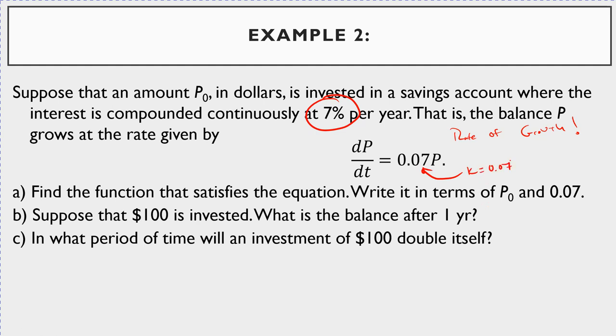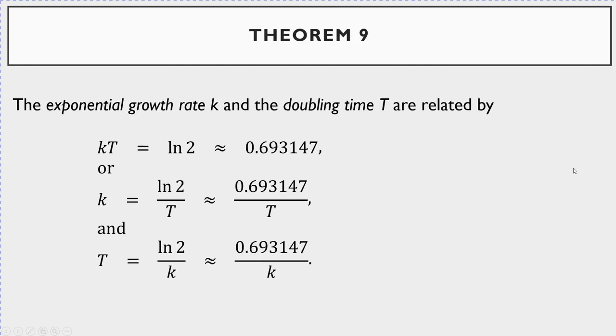Here's what we want to do: find a function that satisfies the equation in terms of P sub 0 and 0.07. Suppose $100 is invested. What is the balance after 1 year? And in what period of time will an investment of $100 double? So if you're getting 7% per year, how long will it take to double?